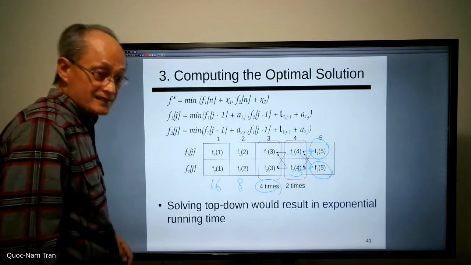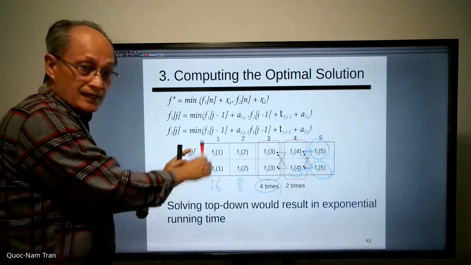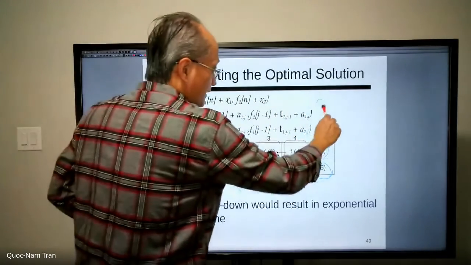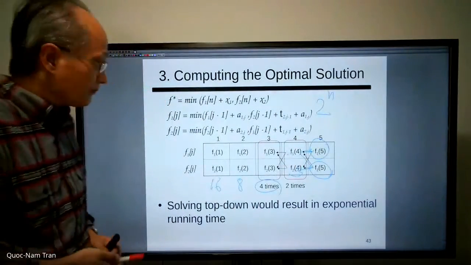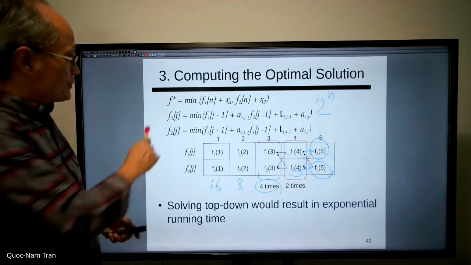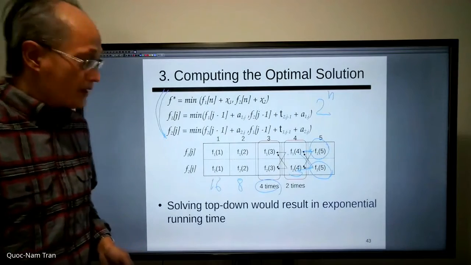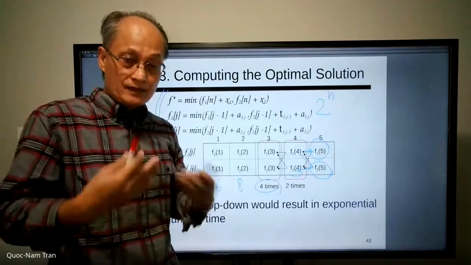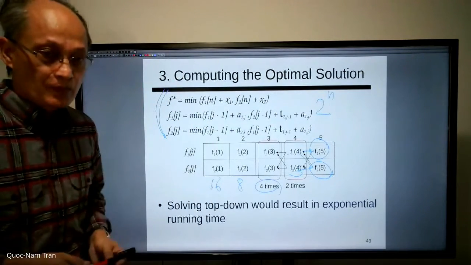So if we have n stations, the calculation of F1 will be 2 to the power n. Using this recursive algorithm, we'll have the same complexity as exhaustive search, meaning exponential.